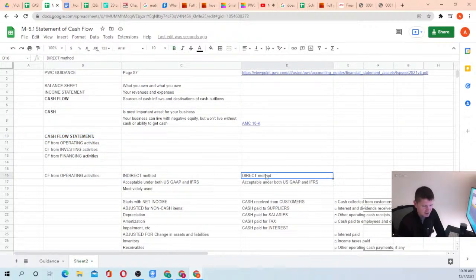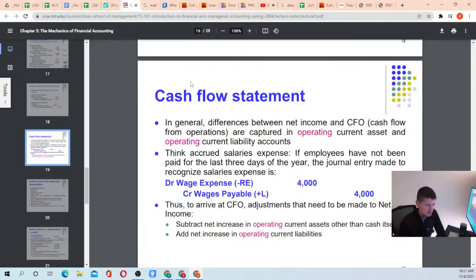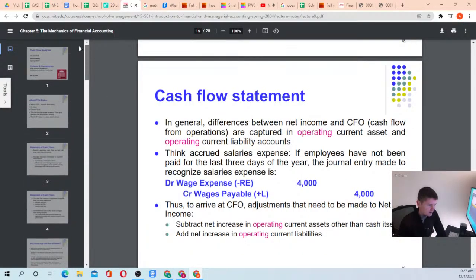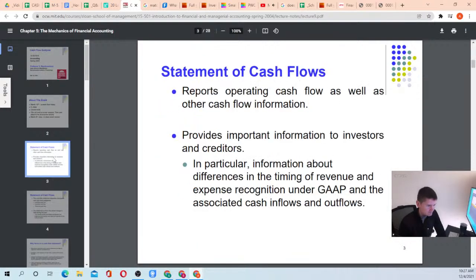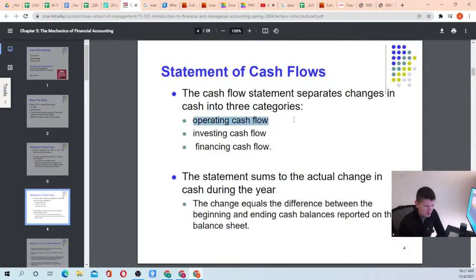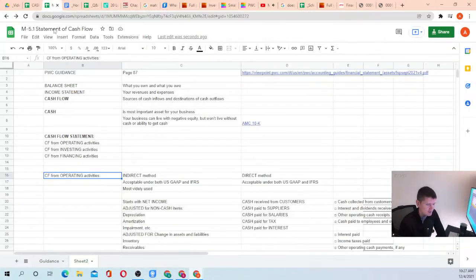The two methods are different from the operating cash flow perspective. As you might remember, we have operating cash flow, investing cash flow, financing cash flow. Investing and financing cash flow will be the same regardless of the method used. Operating cash flow might be done under two different methods.